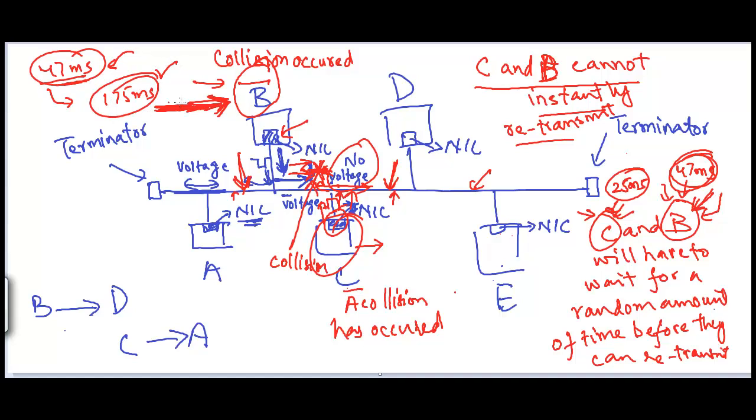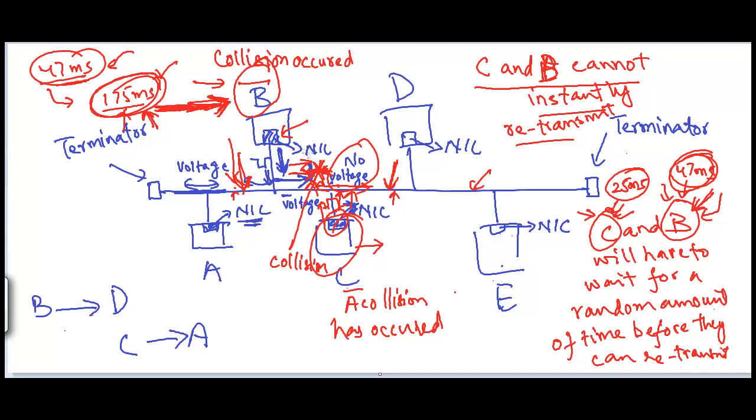B is made to wait a lot more this time because B transmitted twice and twice collisions occurred. That is why the new random number generated for B to wait is more than the previous amount of time. So this time B has to wait for 175 milliseconds, and then B can sense this wire. If there is no voltage on this wire, now B can retransmit.